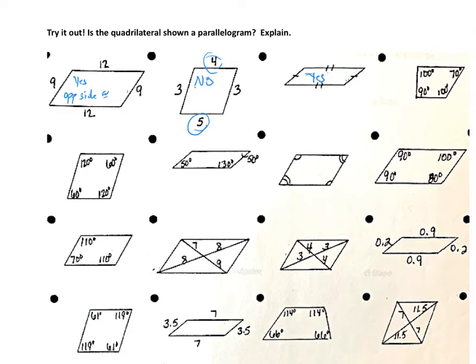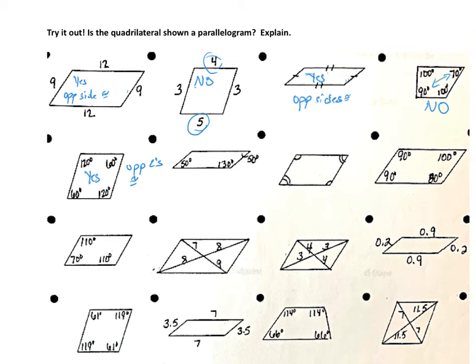Opposite sides are congruent. Here the opposite angles are not the same, so this is a no. This one, the opposite angles are congruent, so this is a yes.